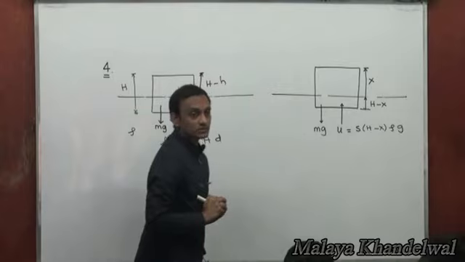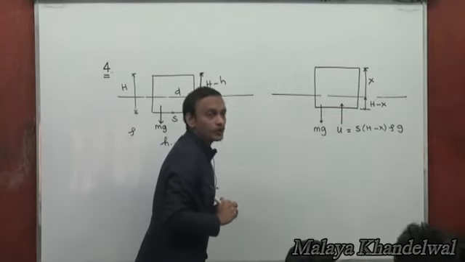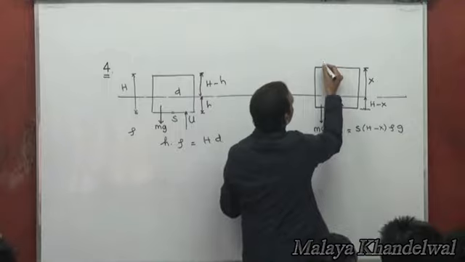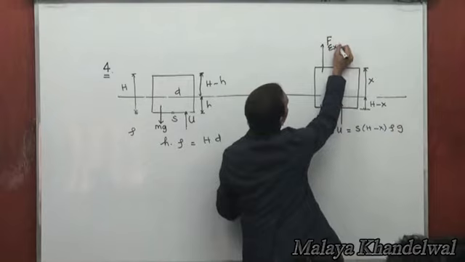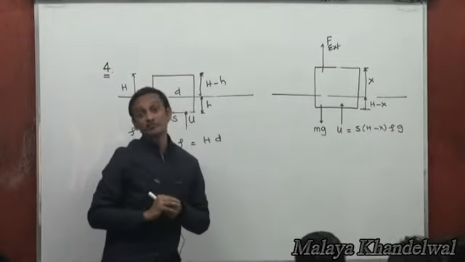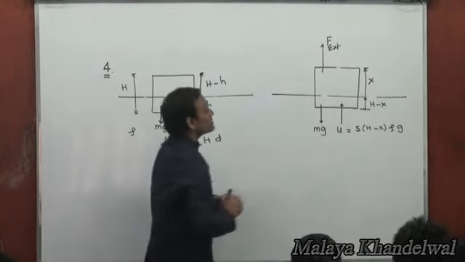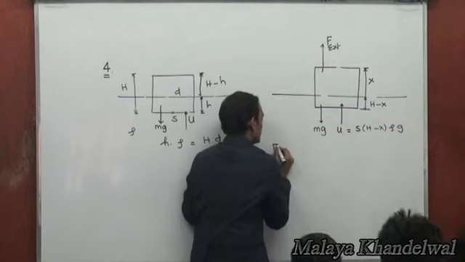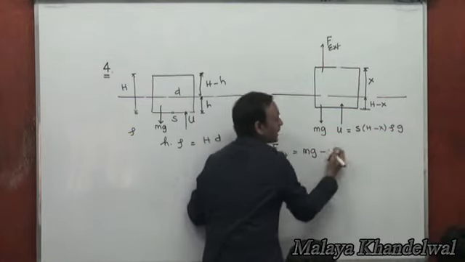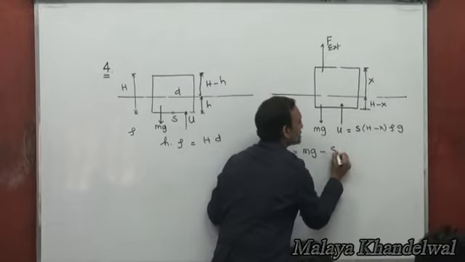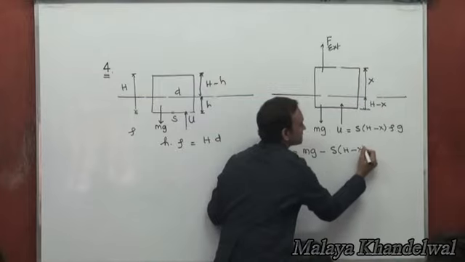That's the upward force, right? And there is this external force at this instant of time, which will be a function of x. So this external force is mg minus the upthrust, so minus S into (H minus x) into rho g.